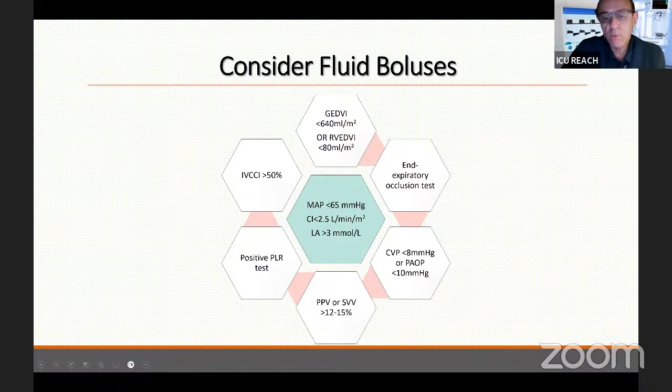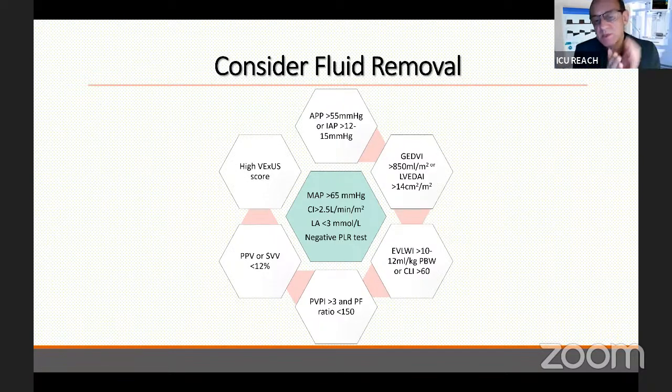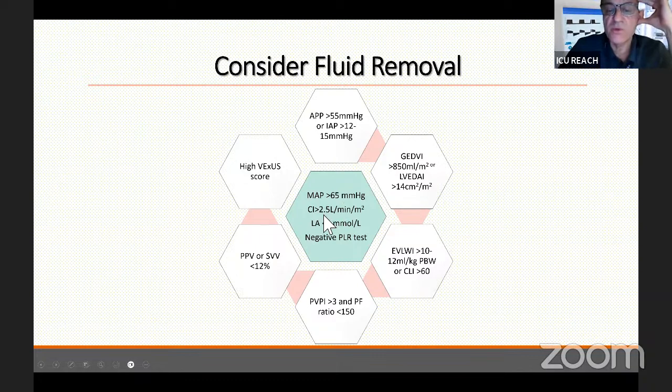And once you resuscitate the patient and the patient is beyond the optimization and stabilization phase, and the mean arterial pressure is above 65, cardiac index is above 2.5, the lactic acid is below 3, and you have negative passive leg raising test, you can use any of these parameters here to say my patient is fluid overloaded.